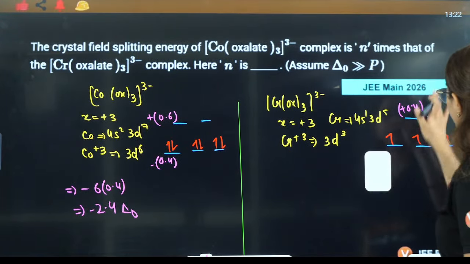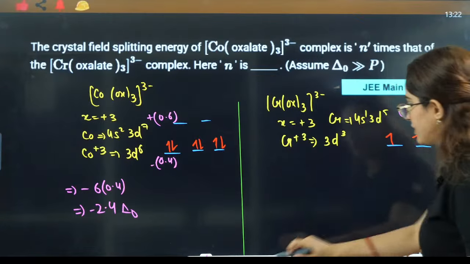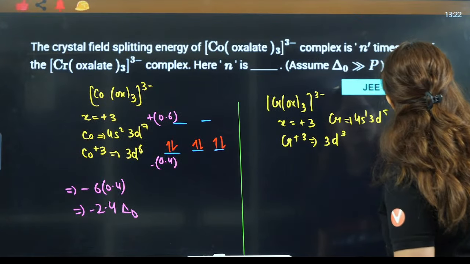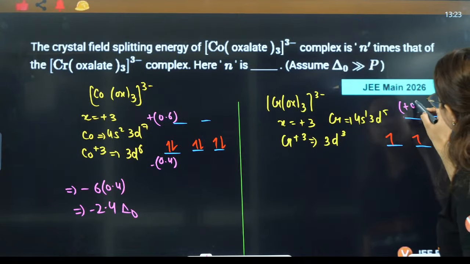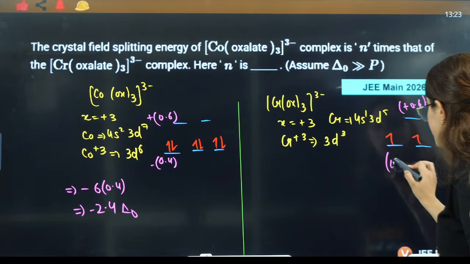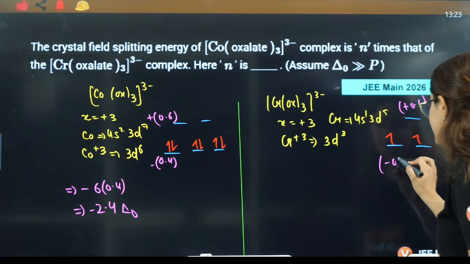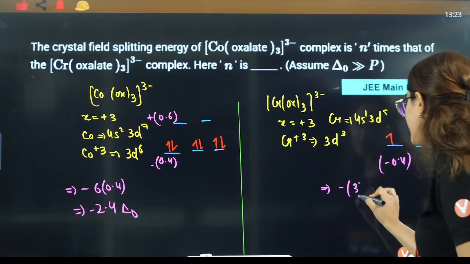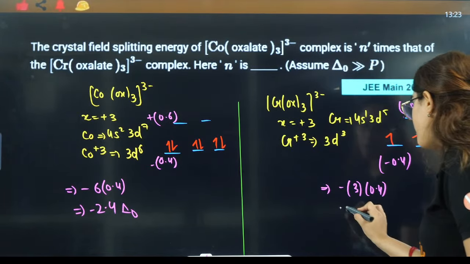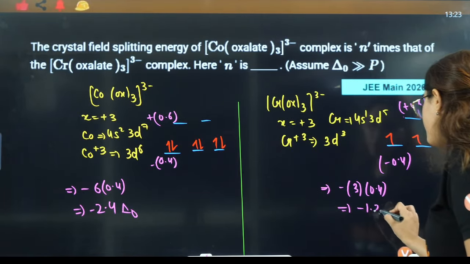Wait a minute, for chromium this will be minus 3 into 0.4, which is 1.2.